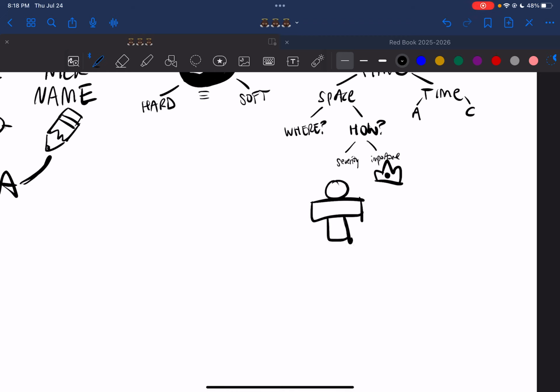So when it comes to the body, if you were to draw your body, there's a head, there's a thorax, there's an abdomen, there's your pelvis, and then there's your legs and your arms. It's a lot of parts. But the thing is, your limbs, arms and legs, don't have any visceral organs in them.